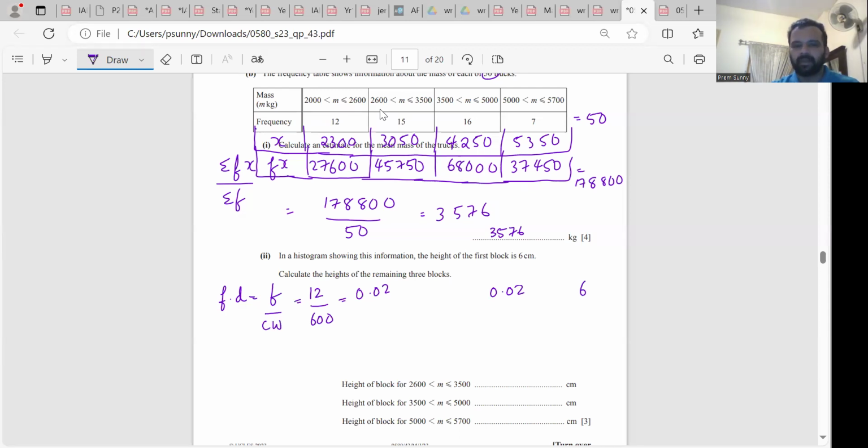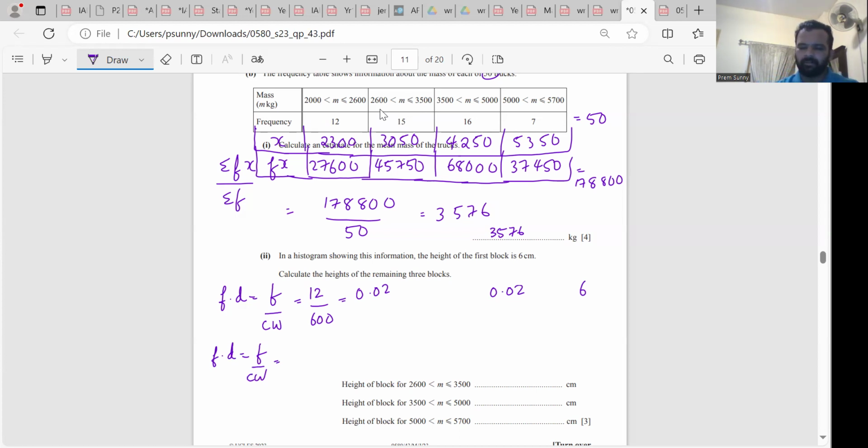Calculate the height of the remaining 3 blocks. One by one I am going to take. Let me find the frequency density of the second block. The formula is not going to change: frequency divided by class width. Frequency is 15, and the class width is 3,500 minus 2,600, which is 900.